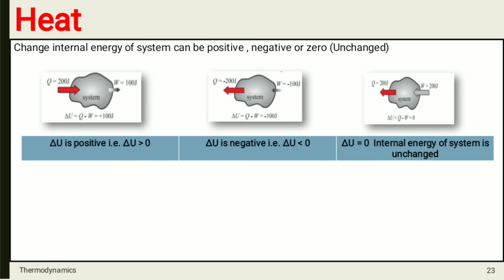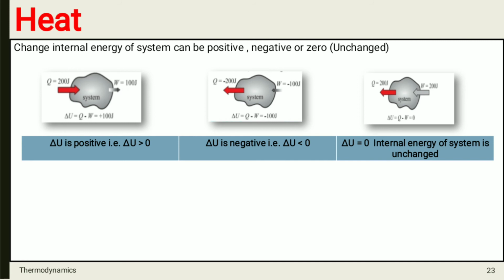So, in the first figure, you can see that there is a system and environment where heat is added to the system, that is Q is equal to 200 joule, and the work done by the system is 100 joule.